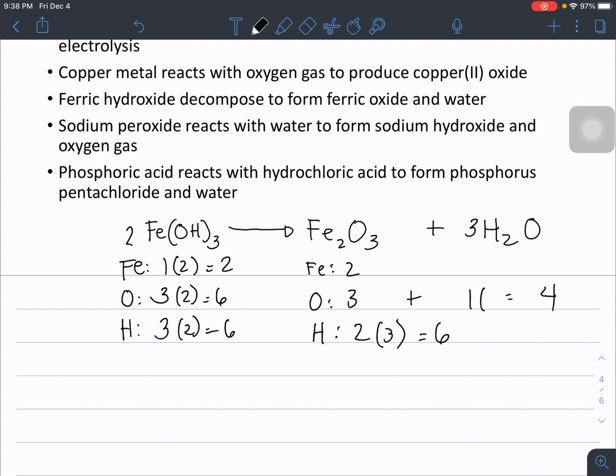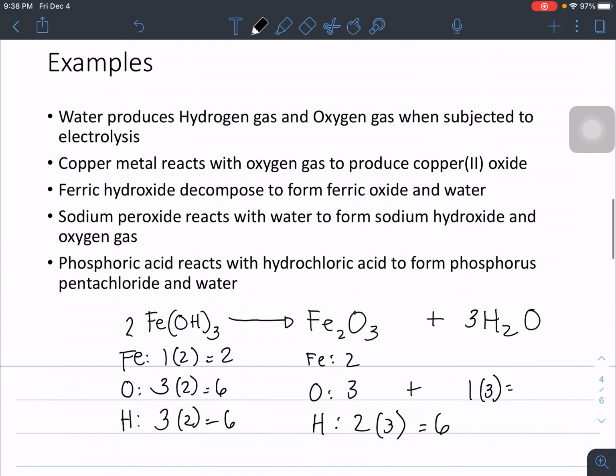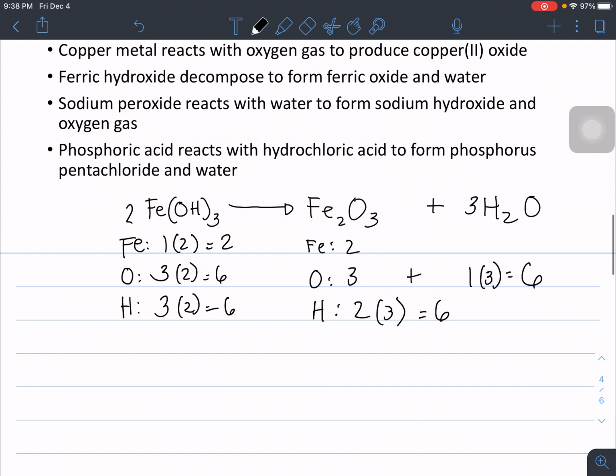So 1 times 3, okay? So this will be 3 plus 1 times 3, which is equal to 6. Okay? So we have 2 iron, oxygen both 6, and hydrogen both also 6. So we have the balanced chemical equation.